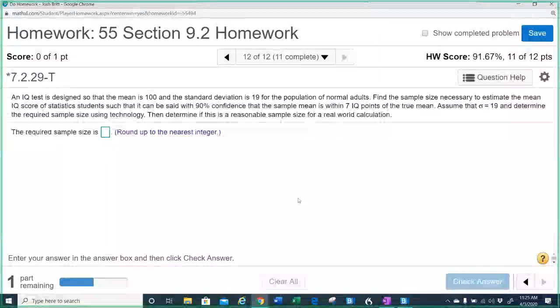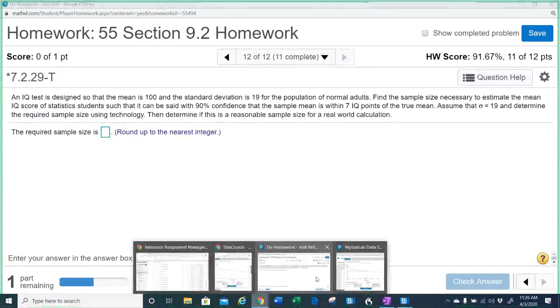All right, and the last one here, we've got an IQ test designed so that the mean is 100, standard deviation 19. Find the sample size required to estimate the mean IQ score of statistics students such that it can be said with 90% confidence the sample mean is within 7 IQ points. Assume standard deviation is 19.